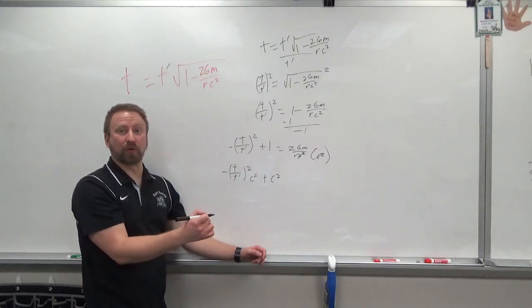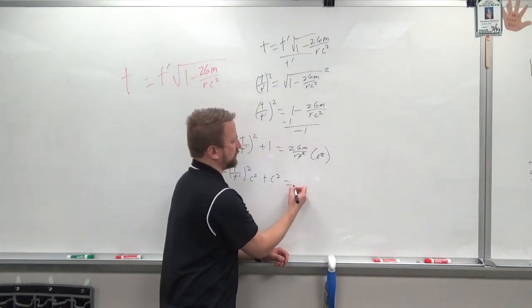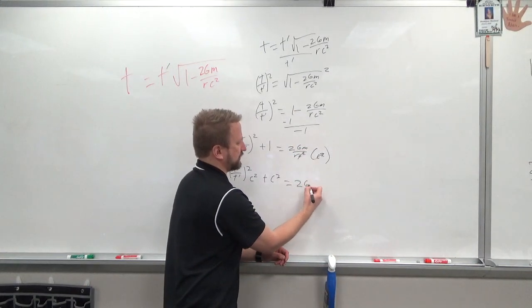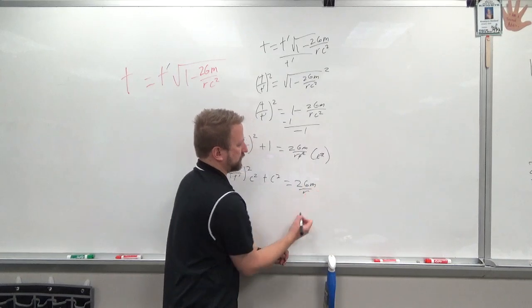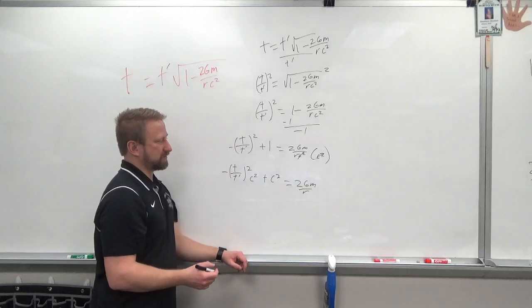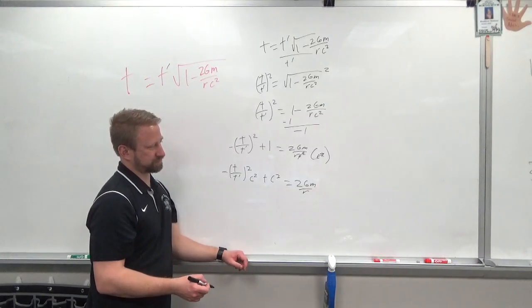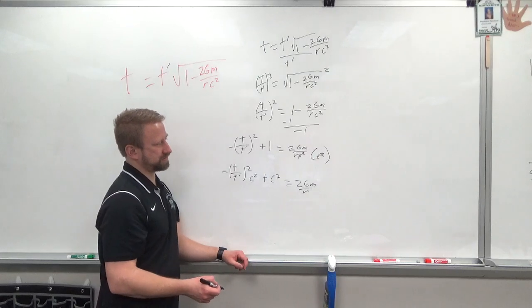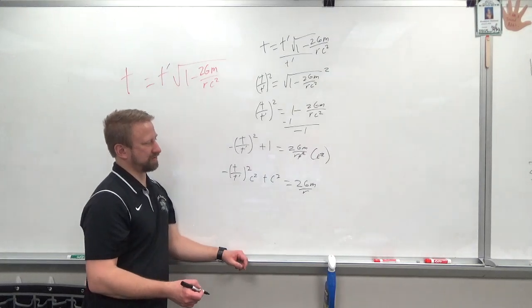Oh, we saw that before. Equals 2GM over r. I'm going to end up flipping all these later. Gross. I don't like this at all.